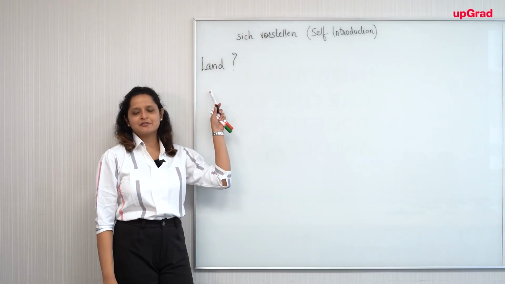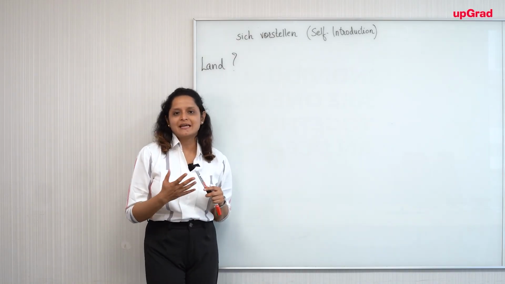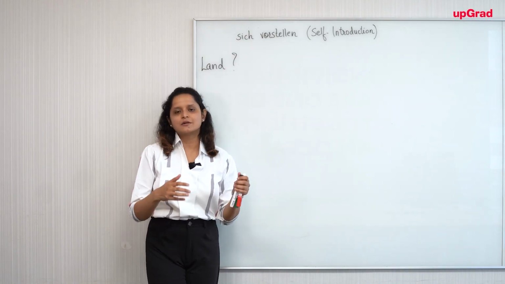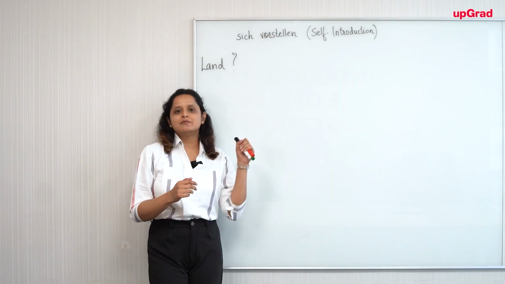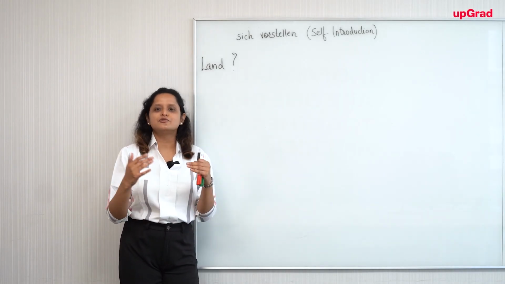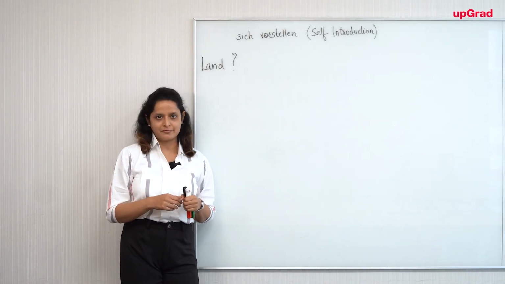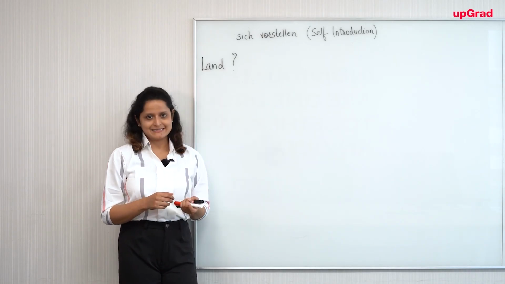Our third point of introduction is Land, which means country. So what you're trying to ask the person here is what is their country of origin or where do they come from. So when you are in Germany, you are often asked this question to just know which country you come from. So country in Deutsch is called Land.